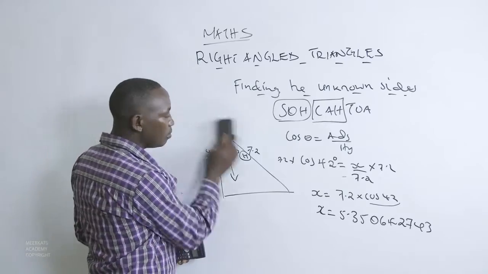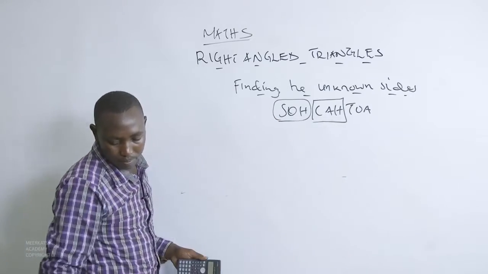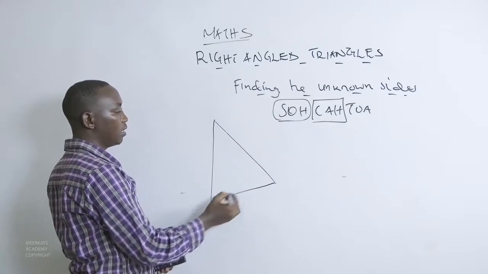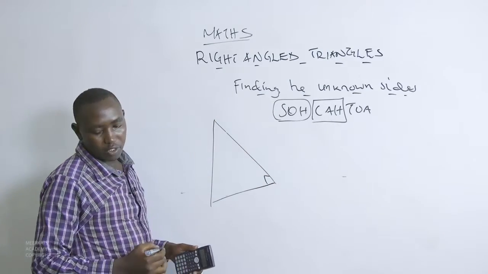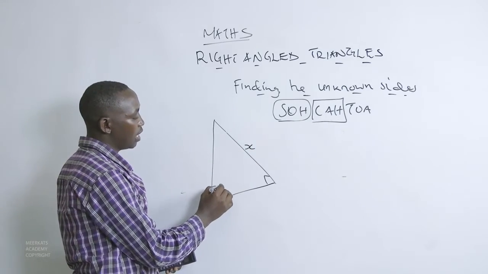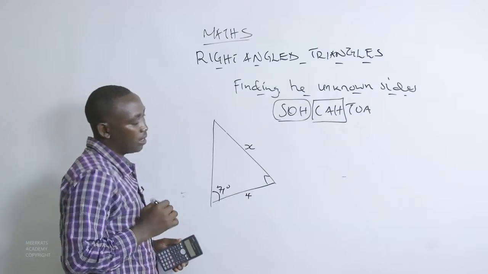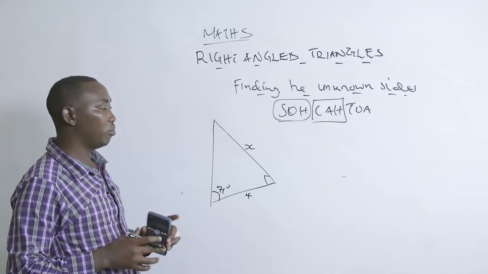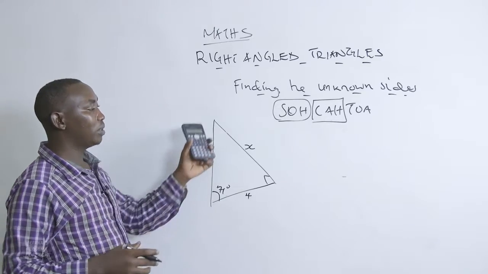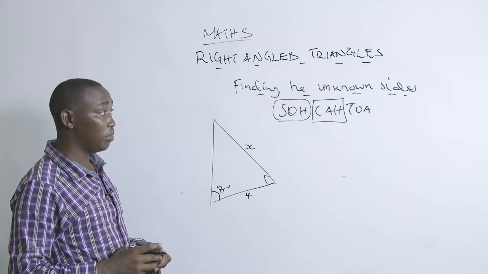Finally, when do we make use of tangent? Given that this is our right angle triangle and that side is x, this angle here is 71 degrees, and that we have been given this side to be 4 units, we can obtain the measurement of that pronumeral x, which we have not been given.